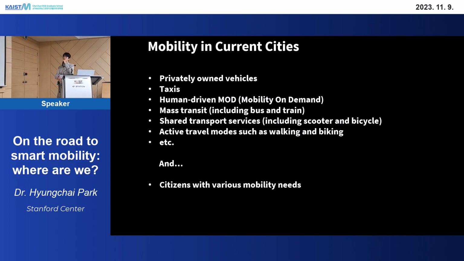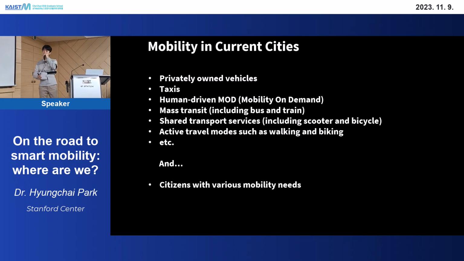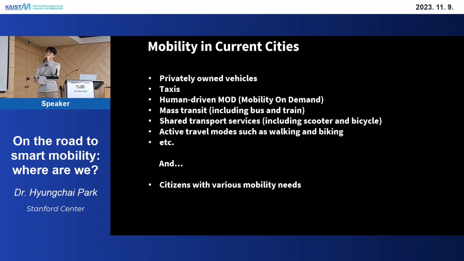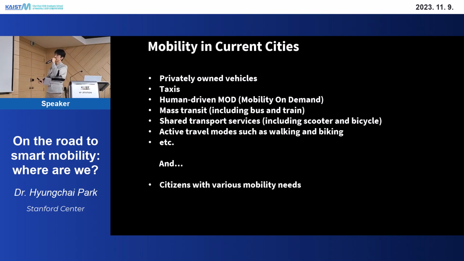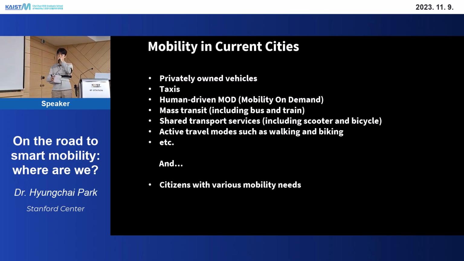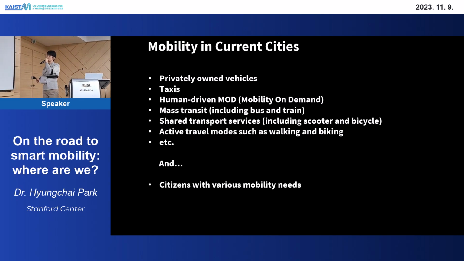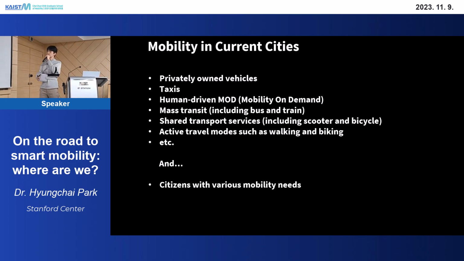When you think about mobility in current cities and the moving components of the mobility system, there are privately owned vehicles and taxis, human-driven mobility on demand like Uber or Lyft, which is not serviced in Korea, mass transit including bus and train, and shared services including scooters and bicycles. I believe you guys use them a lot. And active travel modes such as walking and biking, etc. And there are citizens with various mobility needs.